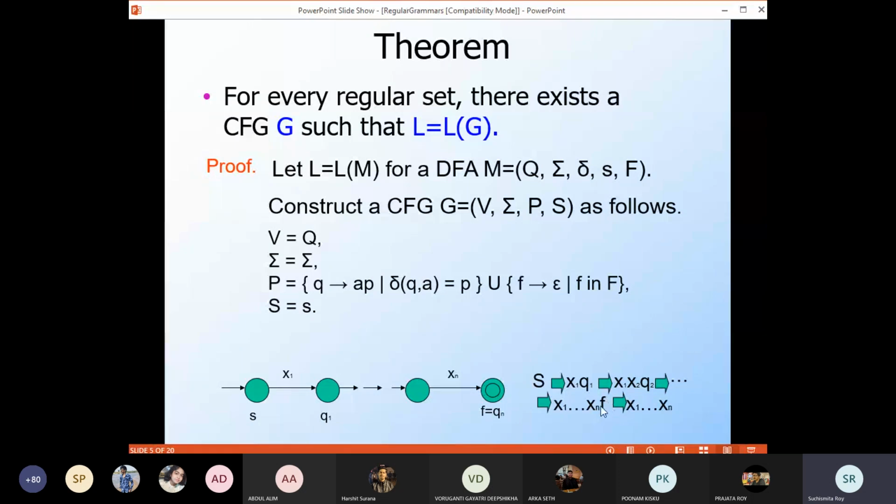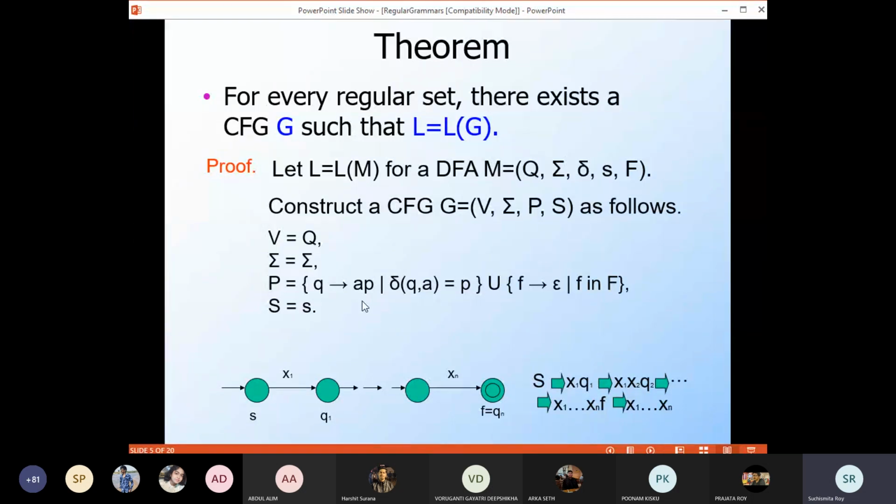So we can remove this final state and we are left with the string x1 to xn, which is the string derived from s, and it belongs to the language. And note here in this DFA on the left, it is exactly this string which has been consumed or identified or accepted by the DFA. So this is how a DFA can also be represented by a context-free grammar.